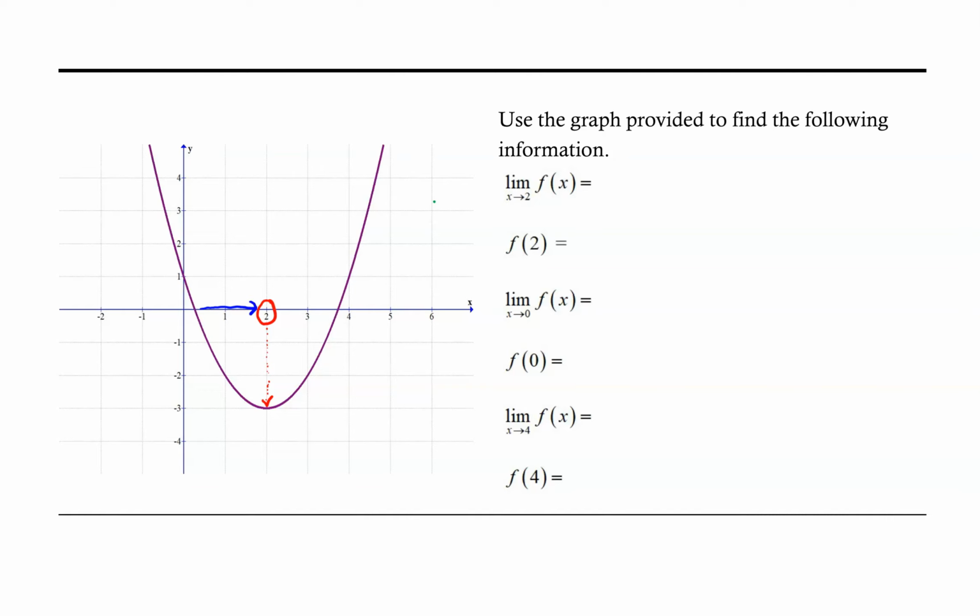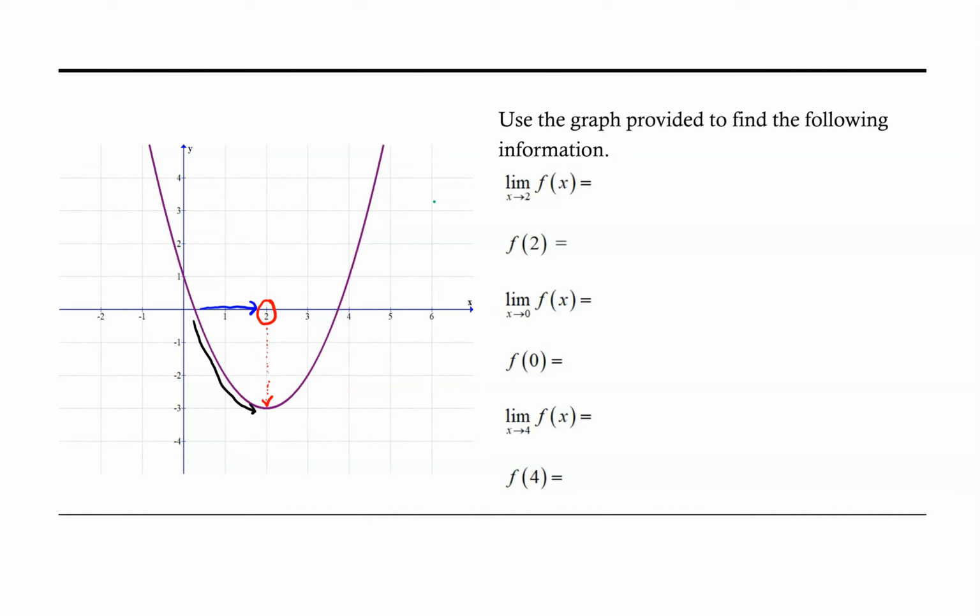So my blue arrow on the left indicates the process of getting closer to 2. And the black arrow illustrates how the function is behaving. So we can see what's happening to the function values.